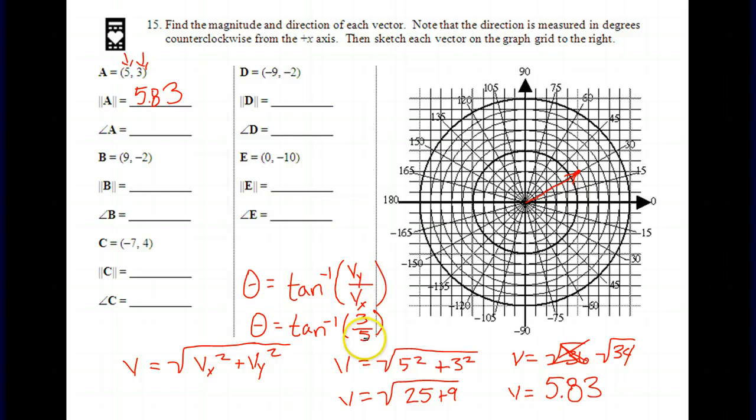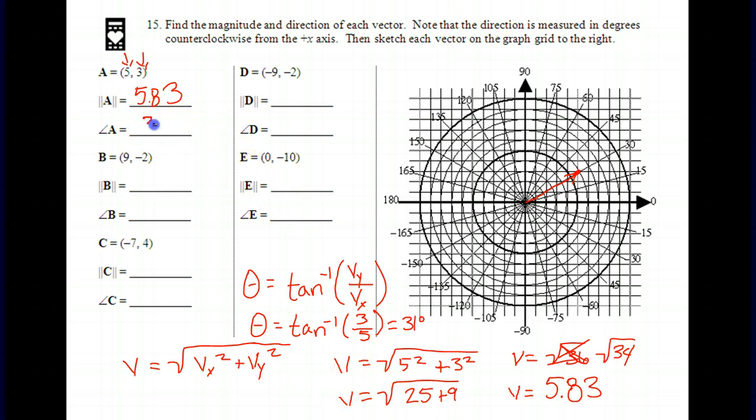So the inverse tangent of 0.6. And what angle is that? Okay, so it's got 31 degrees.